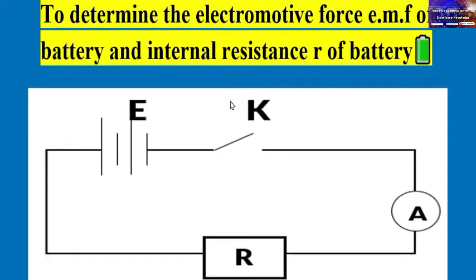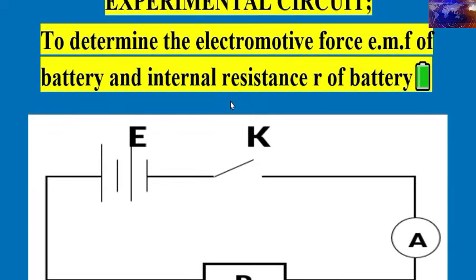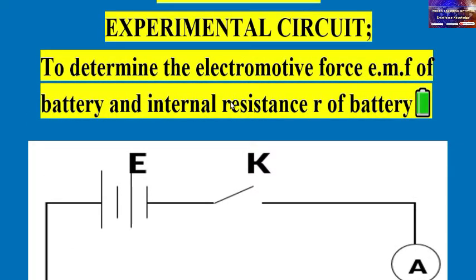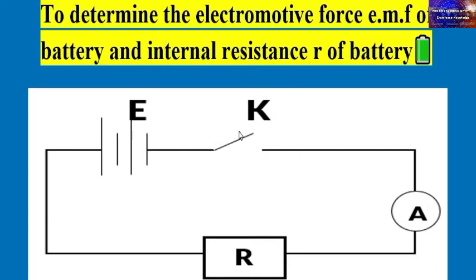Let's look at our circuit diagram, the experimental circuit. We have the E.M.F, we have a switch, we have a resistor. It can be a resistance box or a standard resistor, but we always use the resistance box, and there are different ones: 0 up to 100, 0 up to 10, and more, depending on the quantity of that resistance box.